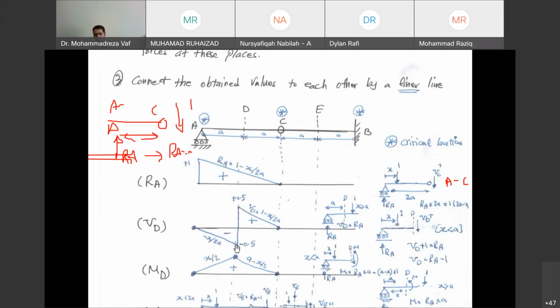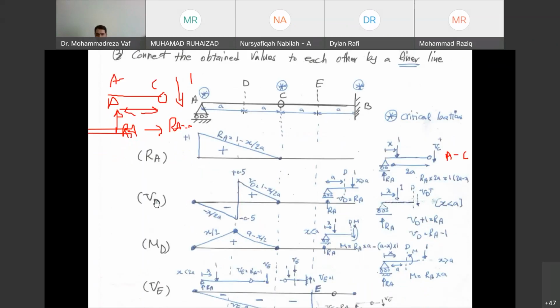So this is going to be our influence line for shear force at point D. According to this diagram, when the load is at point A, the shear force is 0. The maximum is when the load is at point D, and it decreases to 0 again when the force passes point D. And we don't have any shear force at point D when the load is between C and E or E and B.